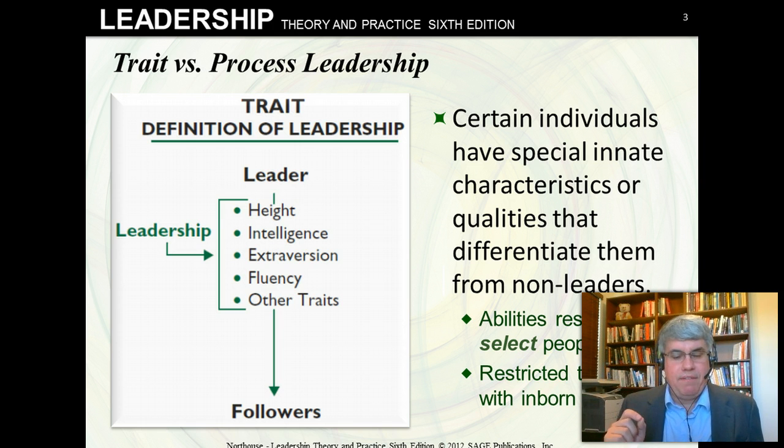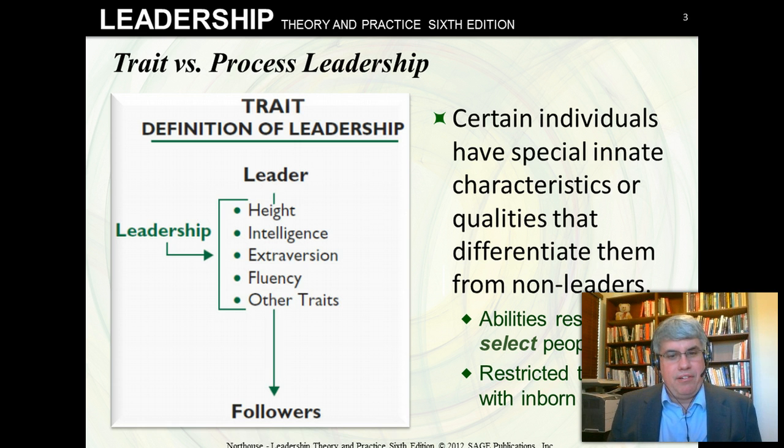And so in this trait approach to leadership, you look at the abilities of the leader. And the idea is that the abilities reside in select people. And this pretty much restricts leadership to those with an inborn talent.